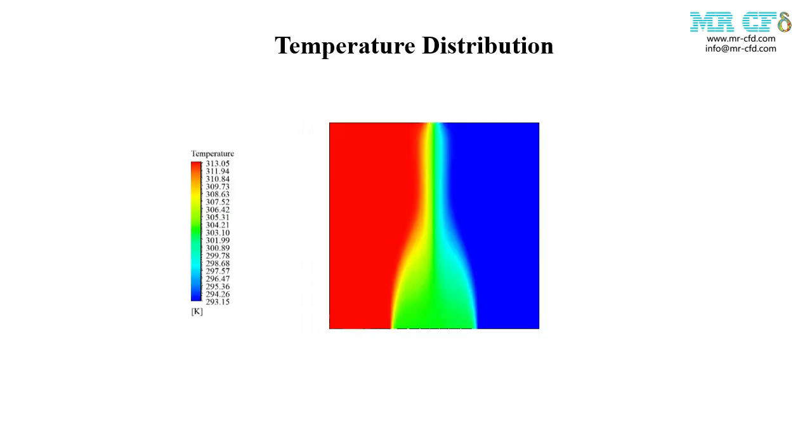Let's discuss temperature distribution. The temperature contour displays a clear stratification of fluid temperatures within the tank. The left side shows higher temperatures, while the right side exhibits lower temperature.